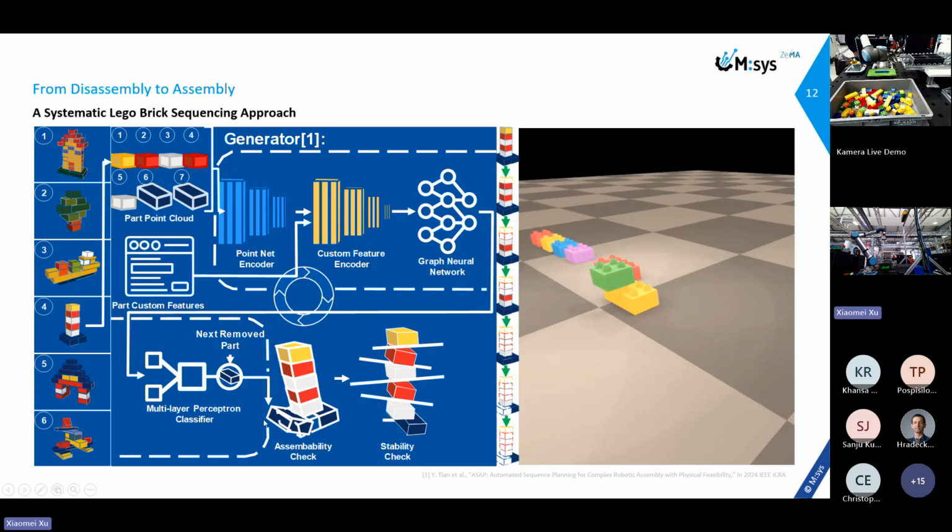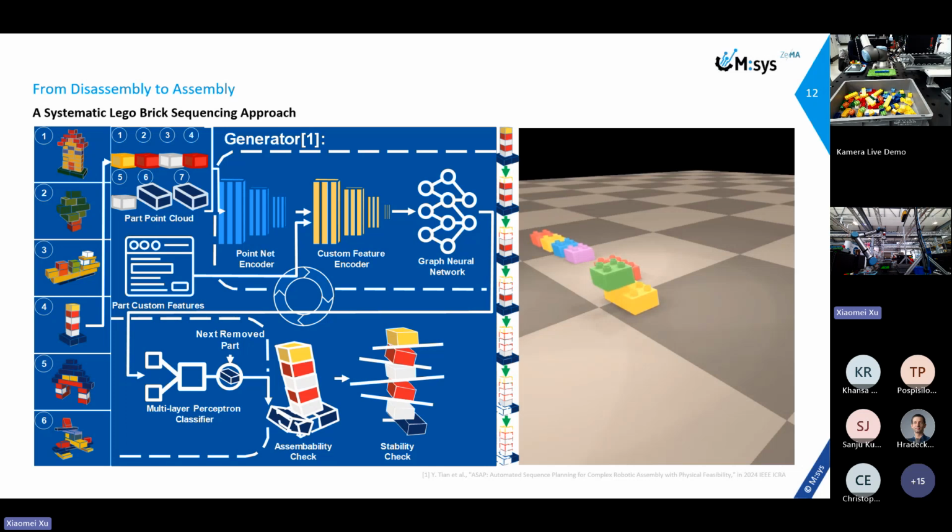The encoder creates initial graph node embeddings, updated via two message passing rounds. The multi-layer perceptron then predicts the next part to disassemble. For training, ASAP employs a standard binary cross entropy loss to supervise the model, comparing the predicted probabilities of disassembling given parts against the ground truth label, which indicates the correct next part in the sequence.